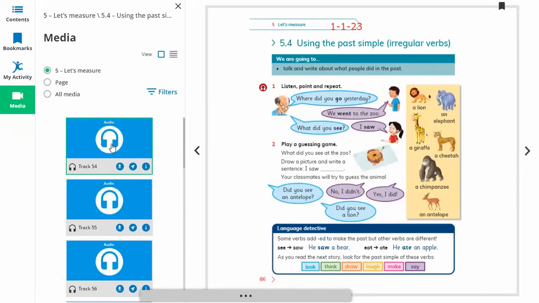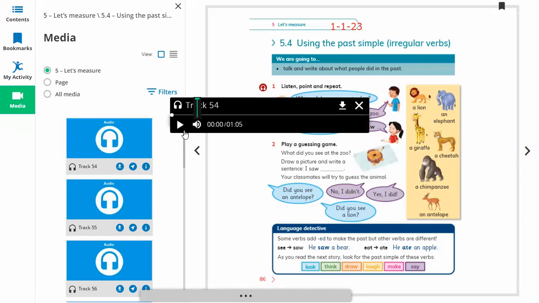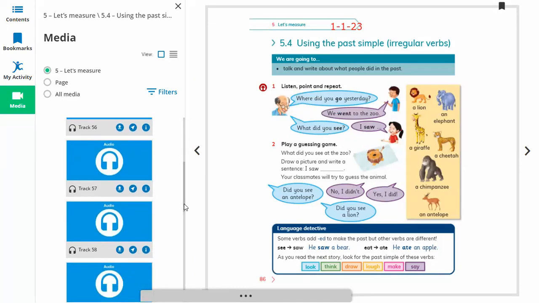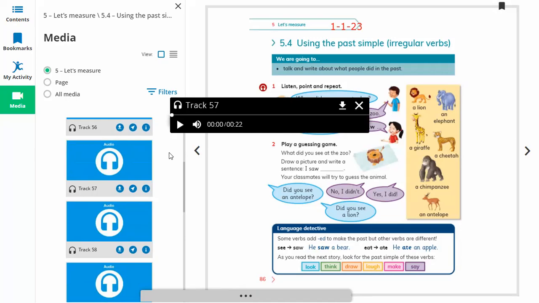Track number is 54, I guess. So listen carefully. Track 54. There are a lot of shapes on this chart. No. Yes, there are. Track 57.